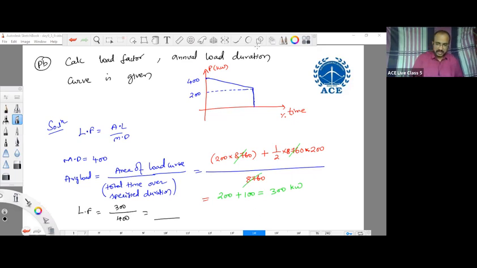For the triangular area, you should consider this area: half into base 8760, height 200, and for the rectangle, base into breadth. So how much is the load factor calculated? 0.75, or 75%.